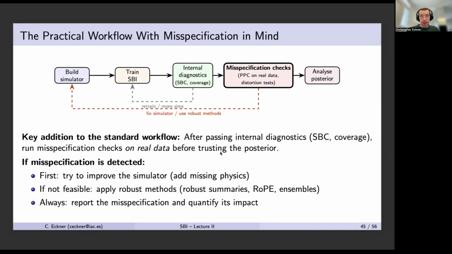Otherwise, you analyze the posterior nonetheless, report that there's misspecification in your simulator, and try to quantify the impact of that. So just be honest about that and state that there are limitations, you know about them, and the correction should go along those lines in the future.